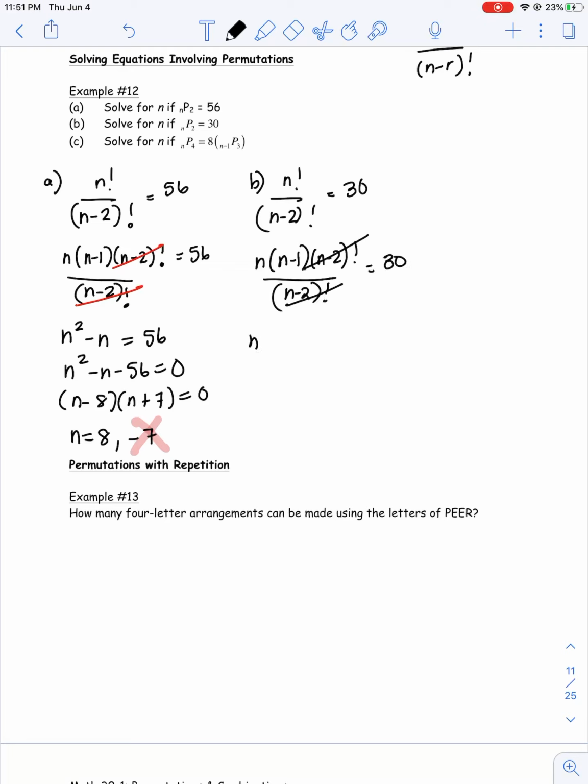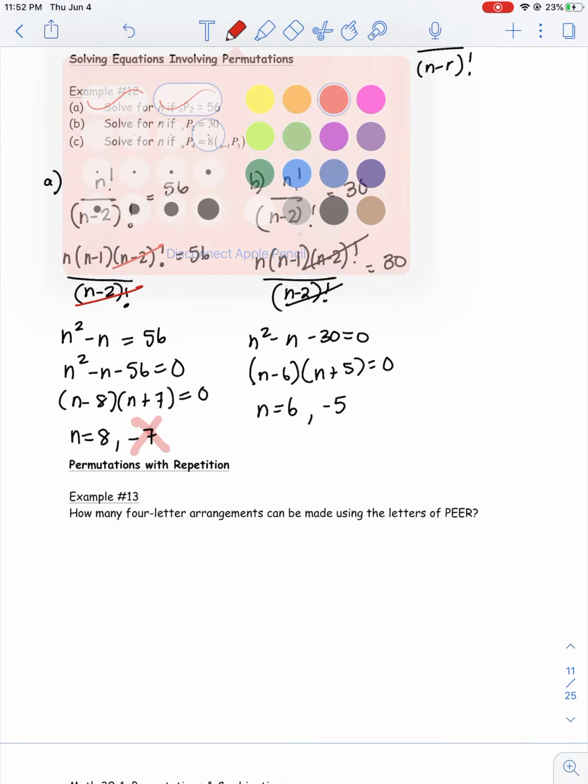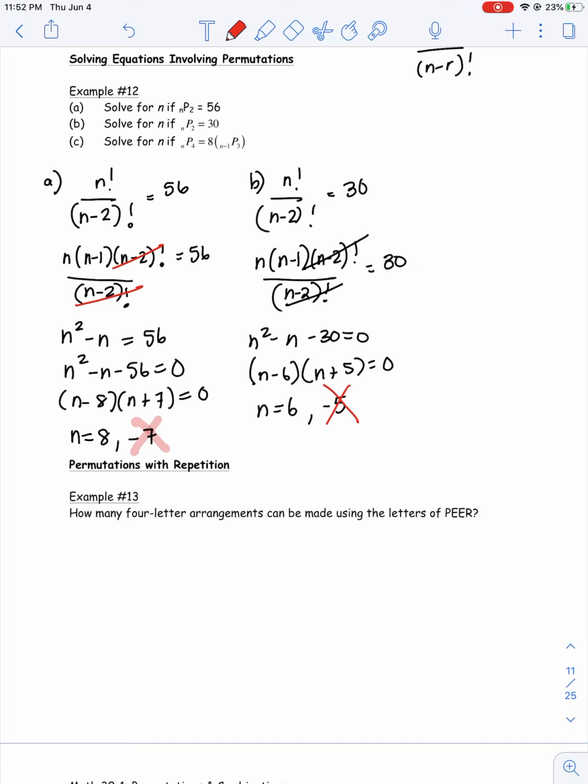Those cross off, leaving us with n squared minus n, and then we're going to bring the 30 over to become minus 30, which is equal to 0. That can factor as n minus 6 and n plus 5 equaling 0. n equals 6 is one solution, and n equals negative 5 is another possibility, where the n is not allowed to be negative, so I would cross that answer off.